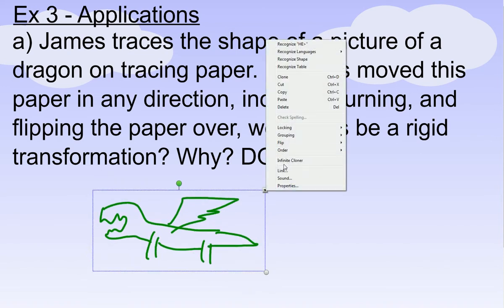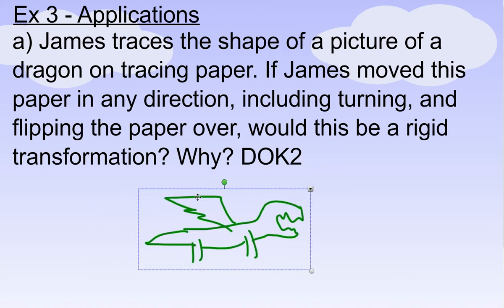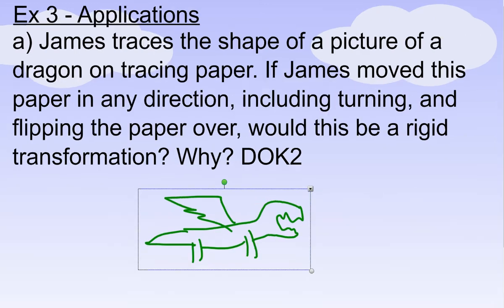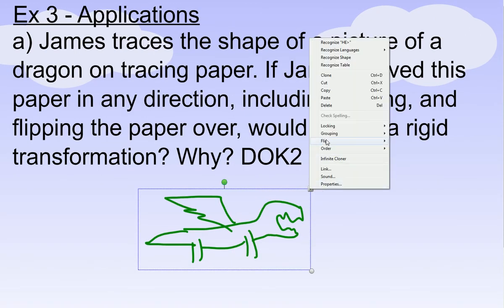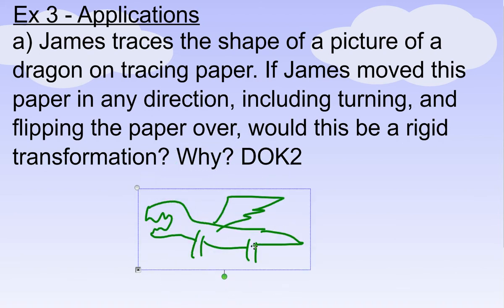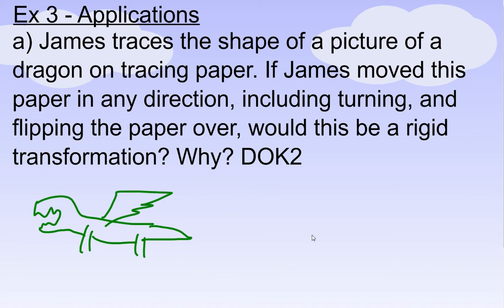If I flip it left and right, yep, length of the wing stayed the same. If I flip it up and down, yep, the length of the wing stayed the same. So yes, that would still be a rigid transformation. No matter what you can do to that piece of paper, that's going to stay a rigid transformation.